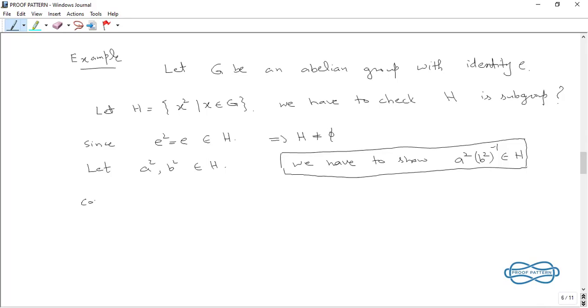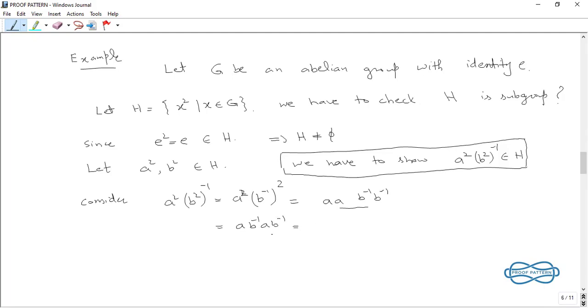Consider A square B square inverse, which is equal to A square B inverse whole square, and that can be written as A into A B inverse into B inverse. Since the group is abelian, this can be written as A B inverse, A B inverse.